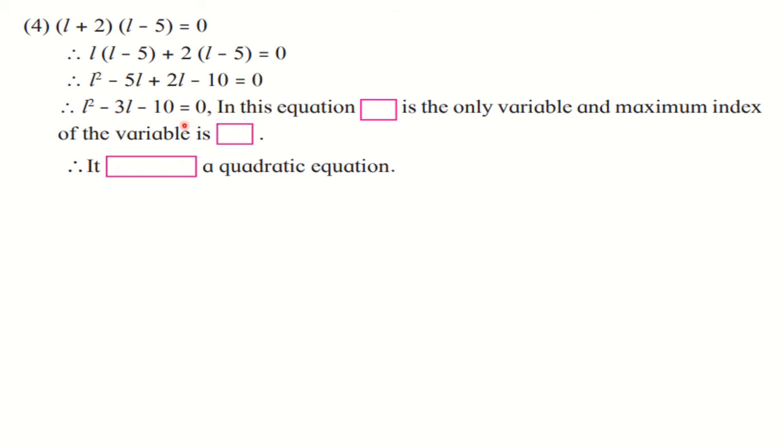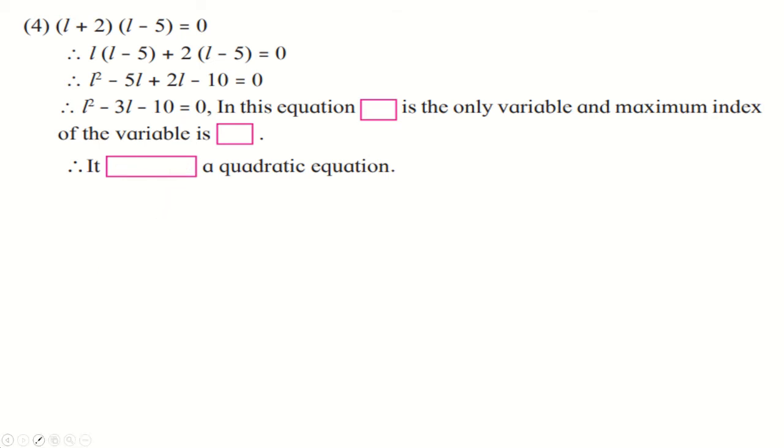Now in this equation, again observe, we have only one variable, that is L. So you can write down L is the only variable and the maximum index of the variable is 2. The highest index is 2. So here you will write 2 and therefore it is a quadratic equation. So here you will write down the word is.